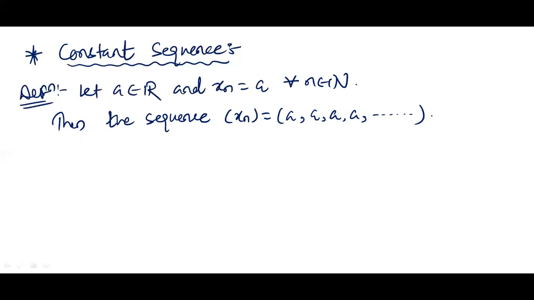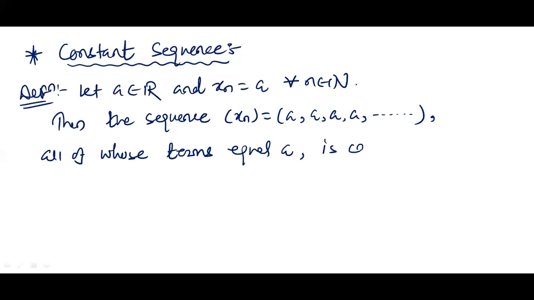See, you can note that this is a sequence all of whose terms equal a, and this type of sequence is called the constant sequence a.